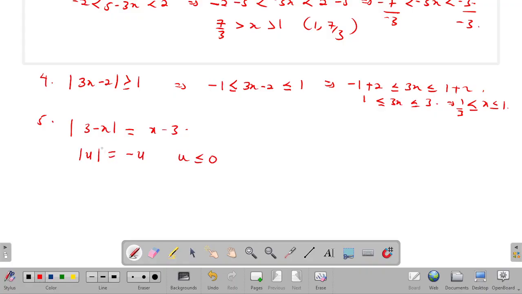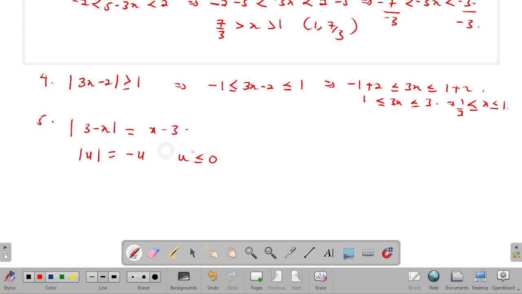Take note. If you have any member within an absolute and it's equal to negative of itself, it means that it is actually less than or equal to 0, right? That is so simple. Therefore, we don't do any big thing here. Don't worry yourself expanding. It's just logic.